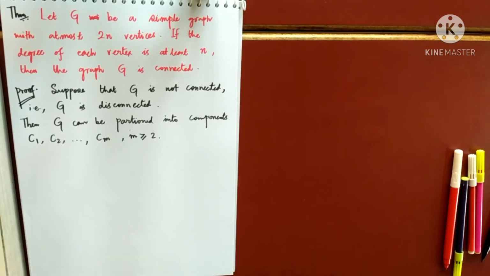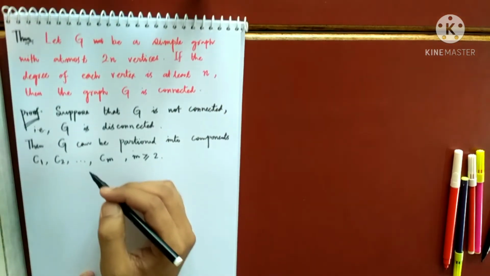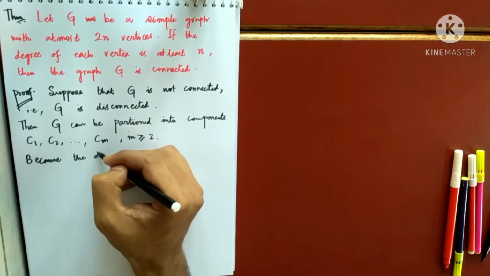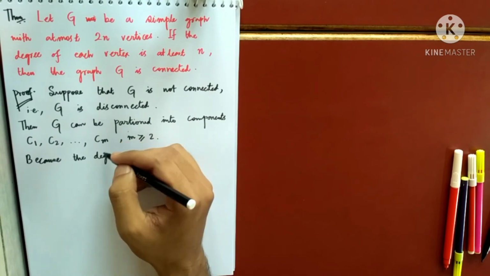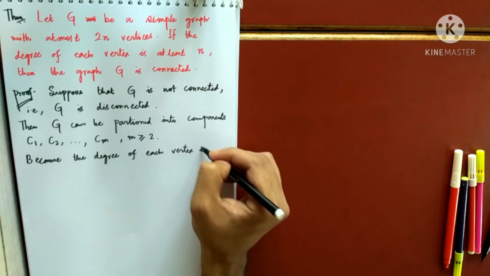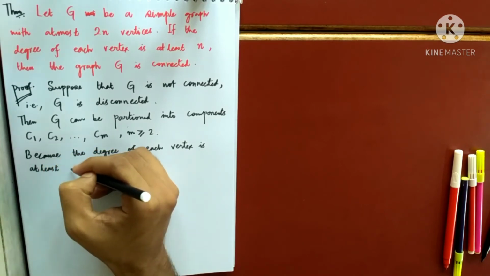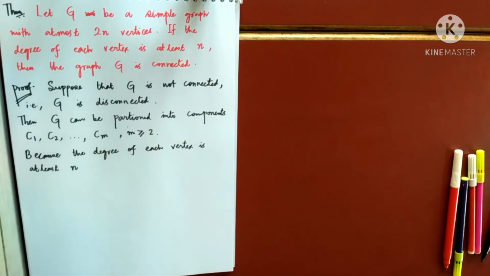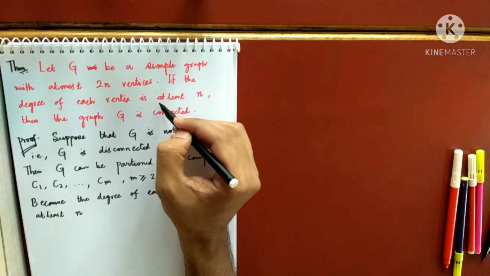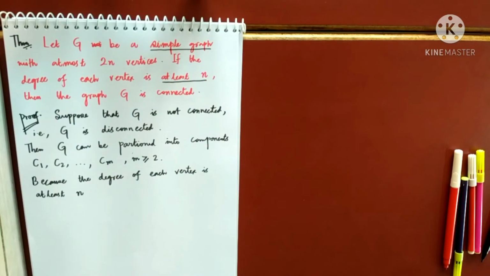Now let's use the given condition. What is given in the question? The degree of each vertex is at least n. This is given in the question, and this is also given: G is a simple graph, it cannot have any loops or any parallel edges.